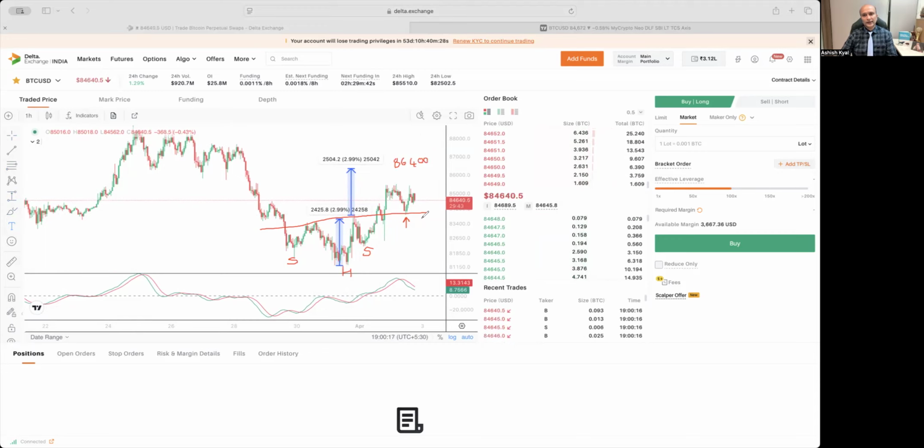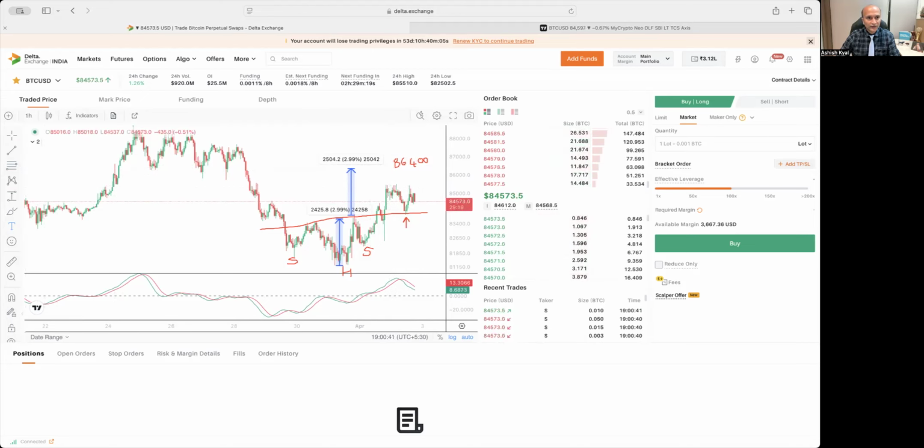That's one. Secondly, we have a failed breakout. So that means very strong momentum was generated. Now if I want to enter, I will have to enter above the high of this. The high of this is 85,425. Okay. High of this candle is 85,510. High of this candle is 85,467.